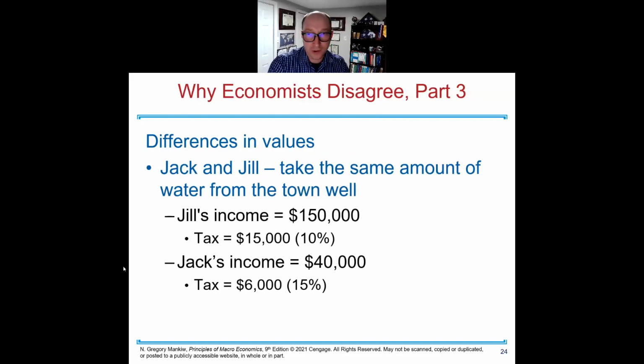Here's an example. We have two individuals with the same amount of usage of utilities. Their incomes are drastically different, which means their tax rates are also a little different. But take a look at this. Someone with a higher income has a lower tax rate than somebody with a lower income.